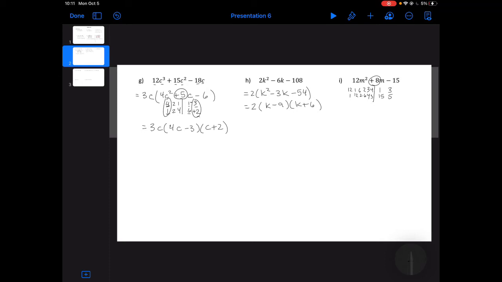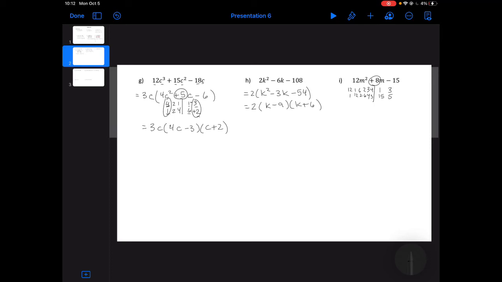So I've got 12 times 15, well that's a big number, plus 1, that's not going to get me to 8. 60 and 3, also a no-go. 15 and 12, nope. Nope. Let's move on and check this. 2 and 6. So, and I'm going to check down here.